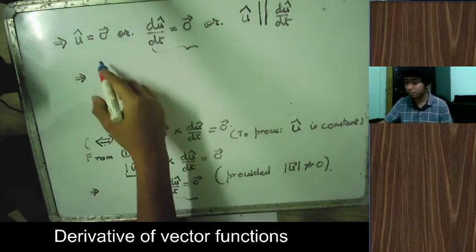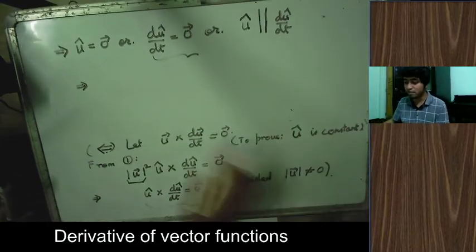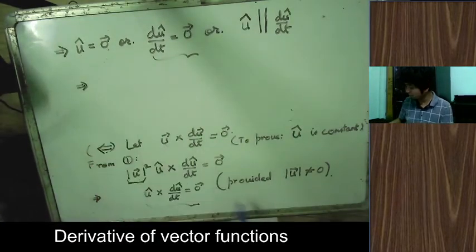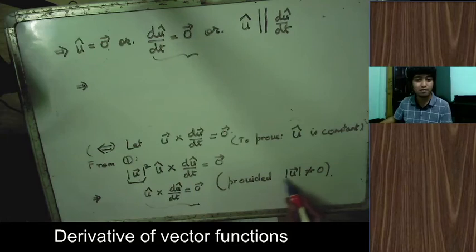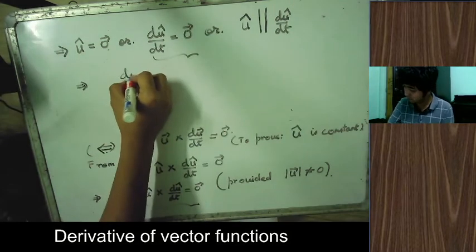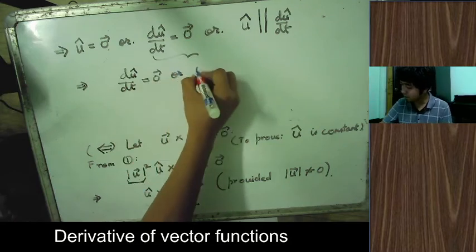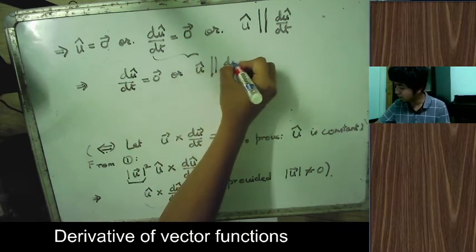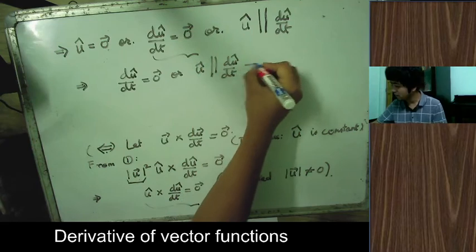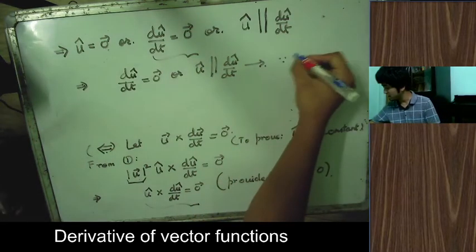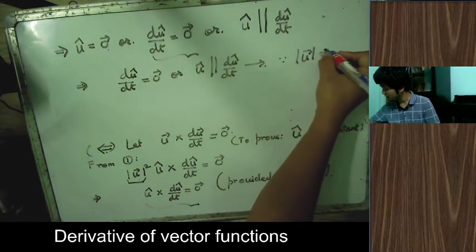So over here I can also conclude that this magnitude won't be equal to 0, since it is unequal to 0, from over here: u bar equal to 0, or u bar parallel to du dt.